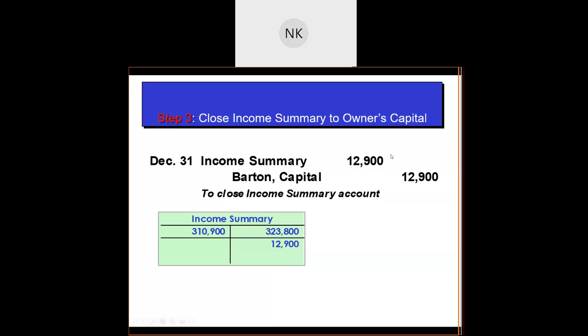So basically you will show it in your capital, meaning it is added into the capital, right? So your income summary now becomes zero, because you already credited it, you transferred it to capital. The amount just now is credit, so you debit income summary and credit capital.